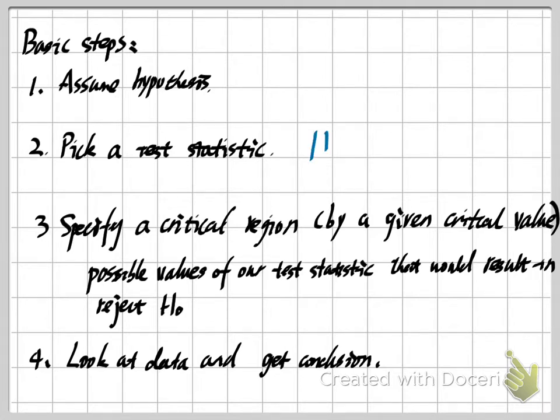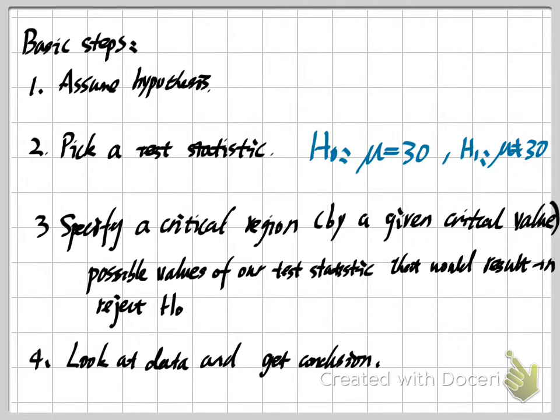For example, I can say my H0 is about the population mean: the population mean is equal to 30. To contradict this, my alternative hypothesis H1 uses a two-sided test, so H1 is that the population mean is not equal to 30. Now I have decided my assumption.